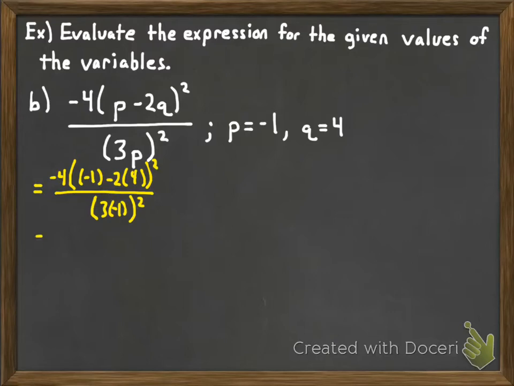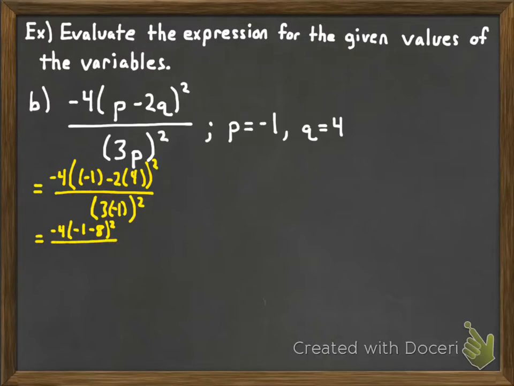All right, now in the numerator, we've got to go ahead and take care of what's in the grouping symbol first, don't we? So, inside the grouping symbol, we've got subtraction. We've got multiplication. Let's do the multiplication. 2 times 4, of course, is 8, so I'll have negative 1 minus 8.